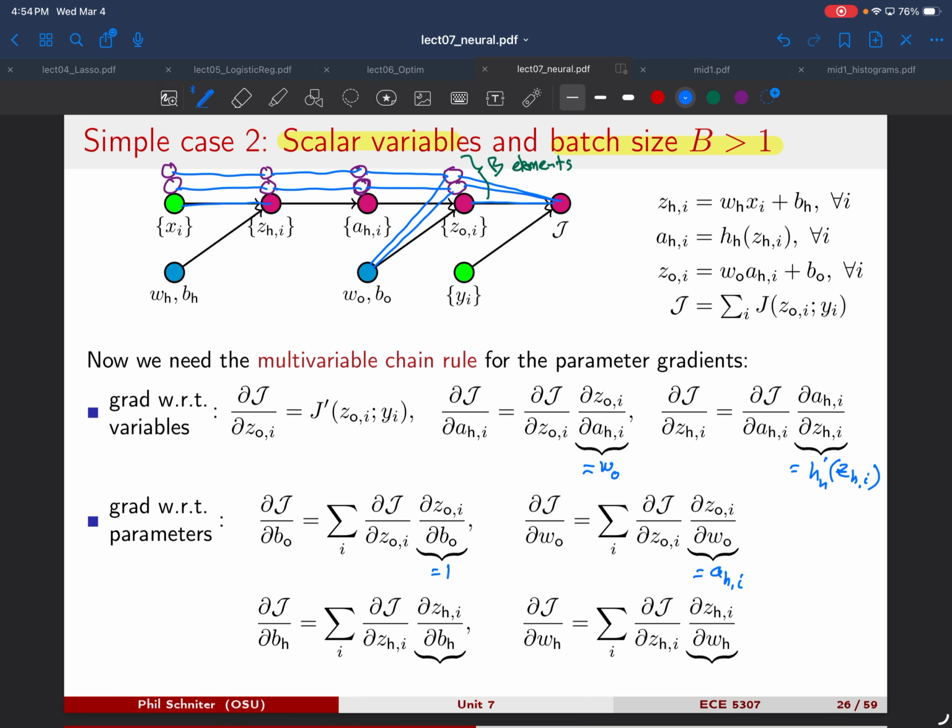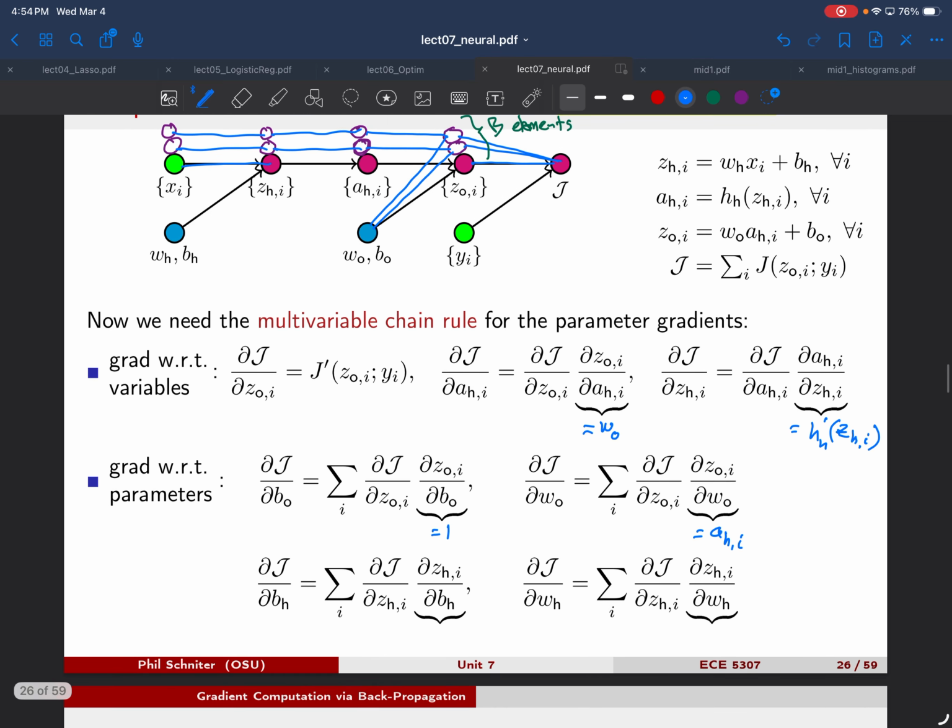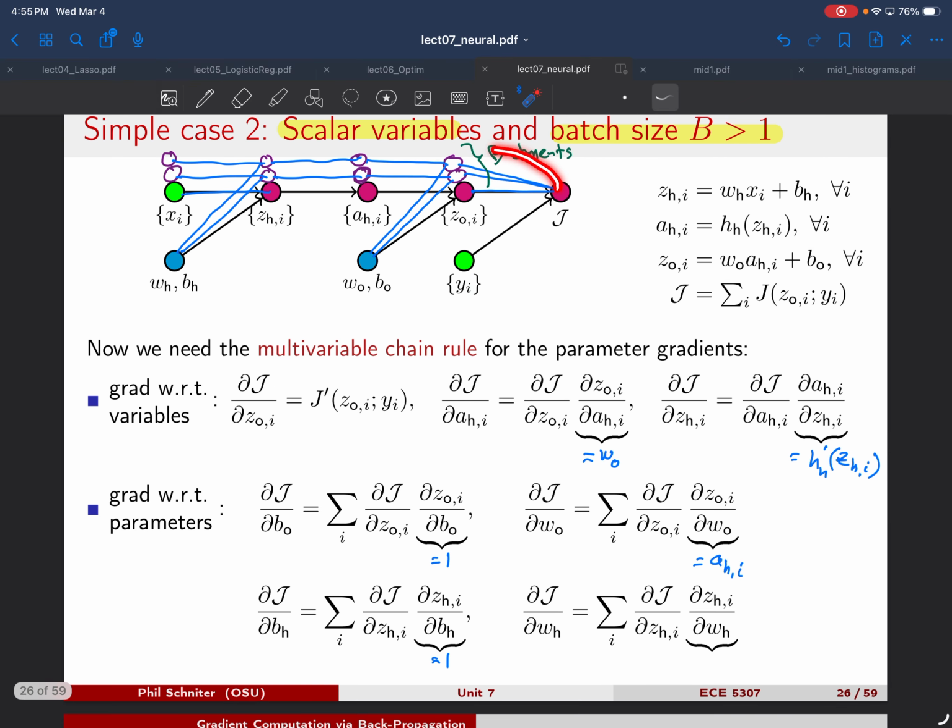All right, and then the last two follow the same rules, where for the same reason as before, we have this kind of multi-branching, but we have computed dJ/dZ_h^i, so we just need to multiply it by dZ_h^i/dW_h or dZ_h^i/db_h to get each one of those gradients, and then we sum them up over the different paths. Okay, so we basically have these bottom expressions. This one is x^i. Okay, great.